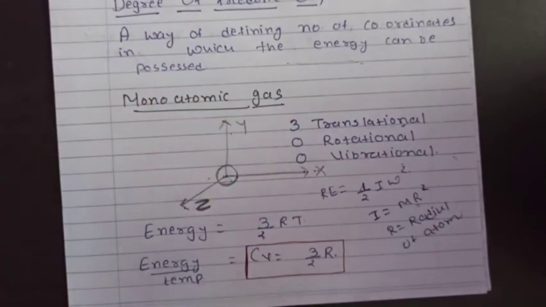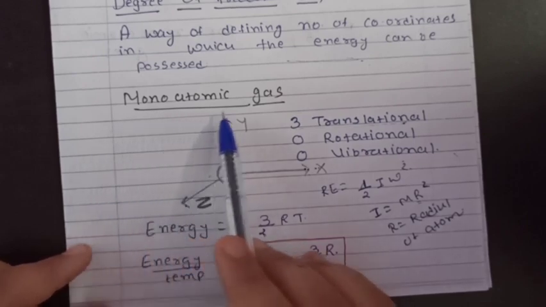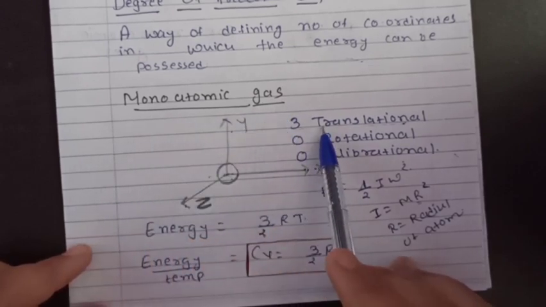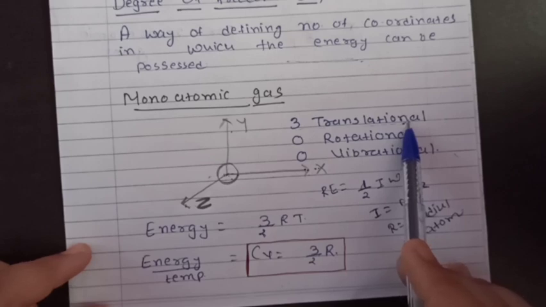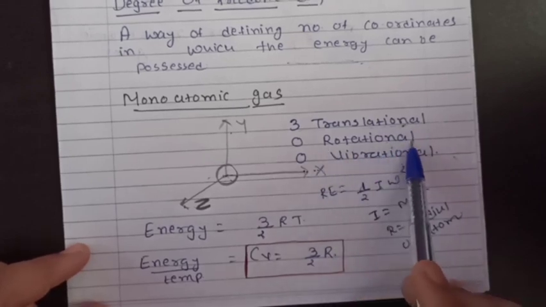In this case also the distance is very less, so rotation along the z-axis is also not considered. So the bottom line is, for monoatomic gases only translational degree of freedom is considered. There is no rotational degree of freedom.